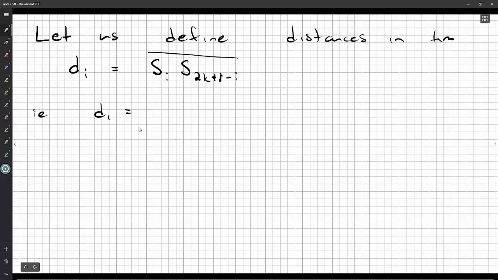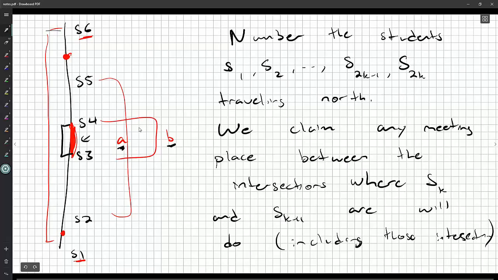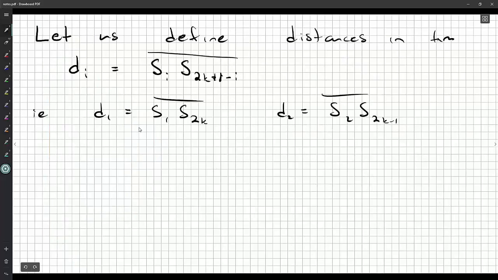So, for example, distance 1 is how far student 1 and student 2K are apart. Distance 2 is how far away student 2 and student 2K minus 1 are apart. We're just sort of going inwards. So this is D1, this is D3, this is D2. Alright, so that's the idea.